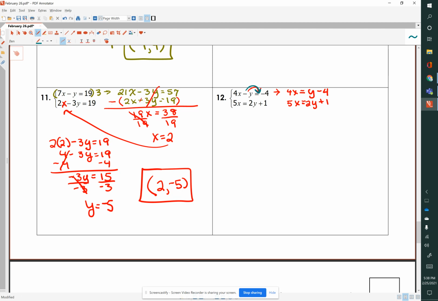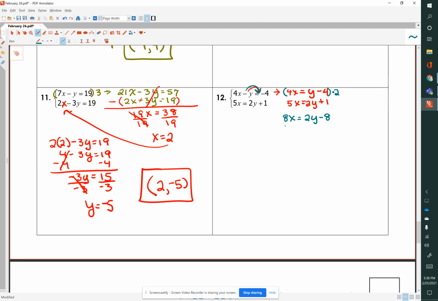Now, I think what I'd like to do is eliminate the y terms. So I'm going to multiply this first equation by 2. And when I do that, I will have 8x equals 2y minus 8.